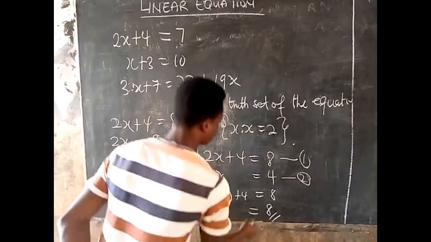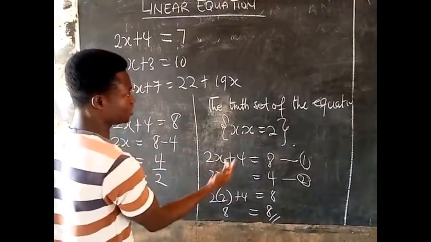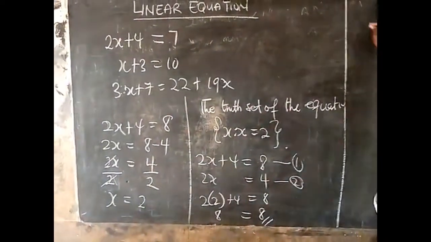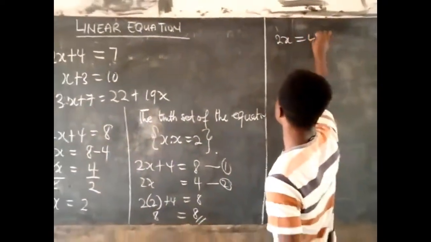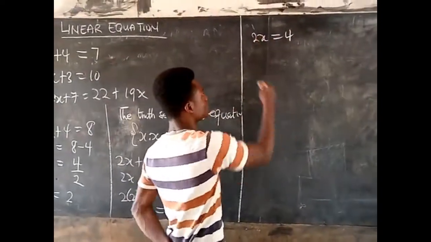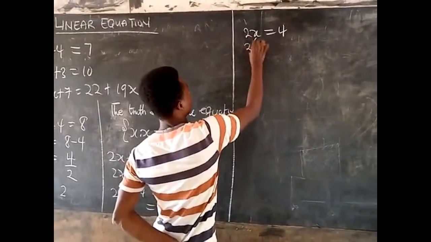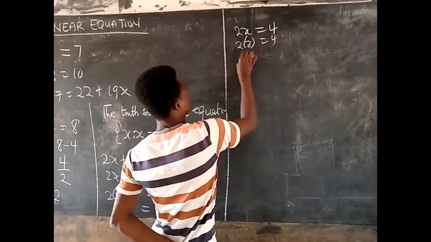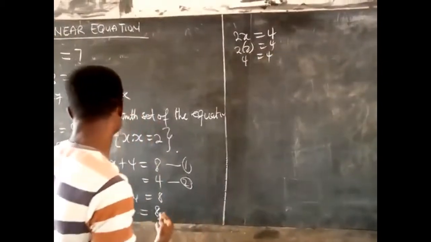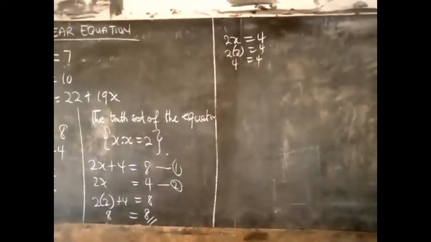It means 2 satisfies the equation, meaning 2 is a truth set. Let's check the second equation. If I have 2x equal to 4, let's substitute x, which is 2, into this equation. 2 times 2 is equal to 4, so 4 is equal to 4. So it means x satisfies the equation as the truth set.